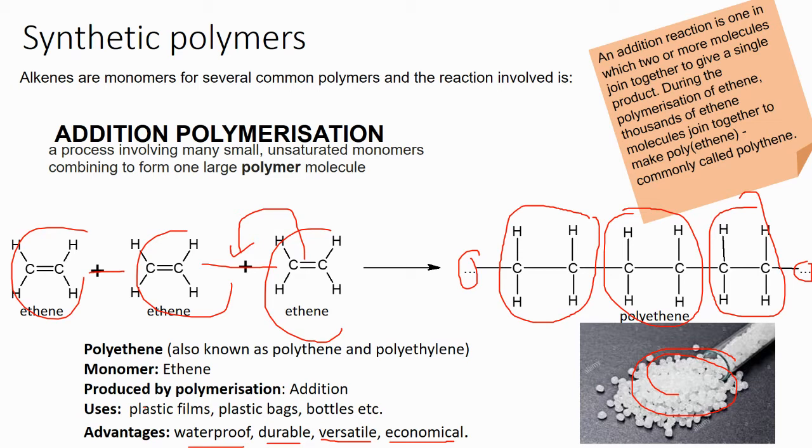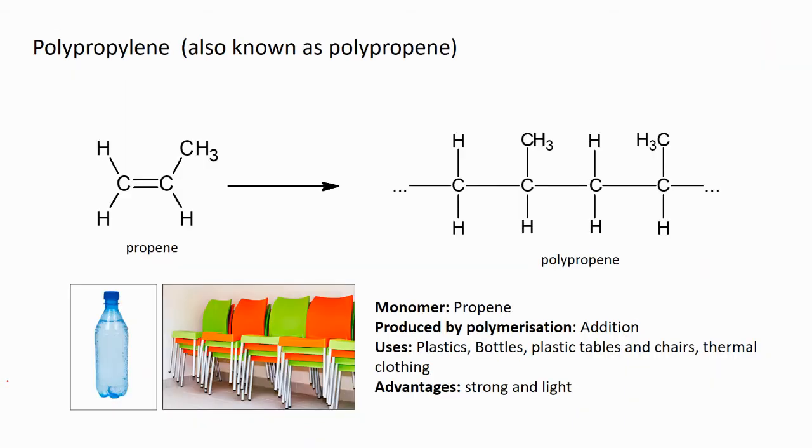Okay, so this is the base addition polymerization, and then we're going to see some other addition polymerizations. Another example is polypropylene or polypropene. So the monomer is propene, and then it adds to itself, the double bond breaks and forms a single bond with another molecule of propene. So then that makes polypropene. Another name for polypropene is polypropylene.